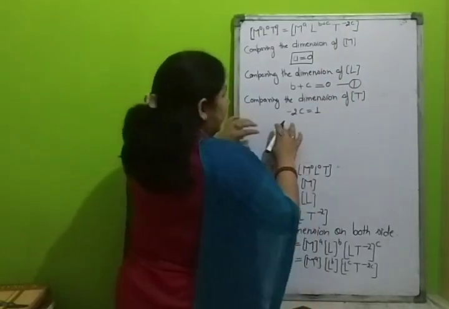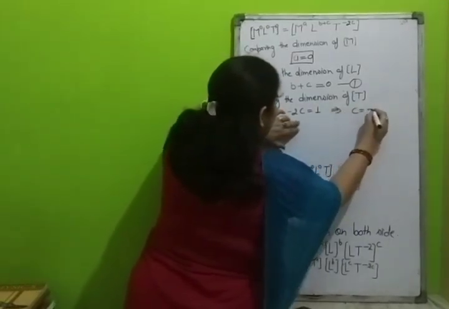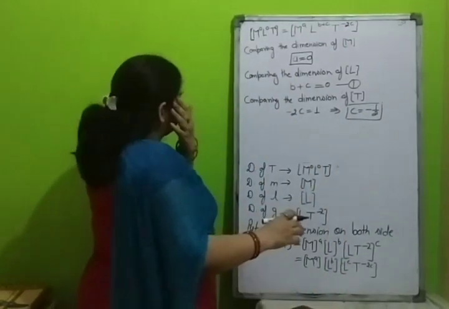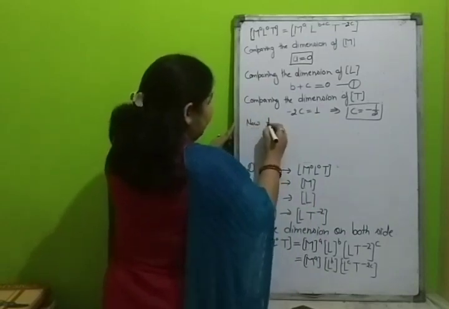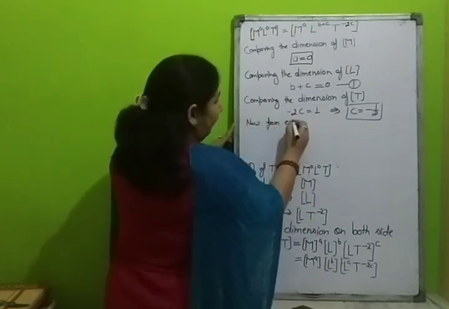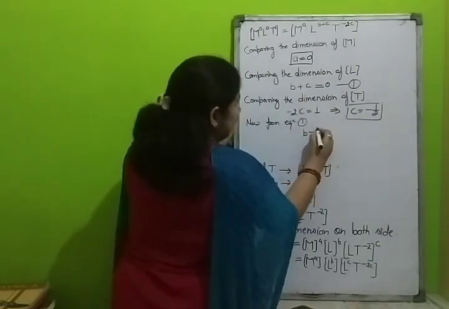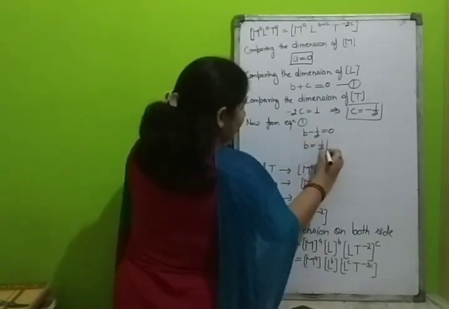From here we can find the value of c: c is equal to minus 1 upon 2. As we get the value of c, from equation 1 we put the value of c: b minus 1 upon 2 is equal to 0, which means b is equal to 1 upon 2.